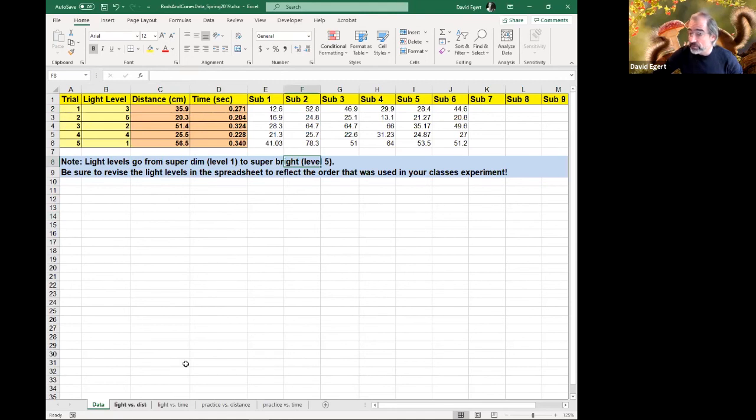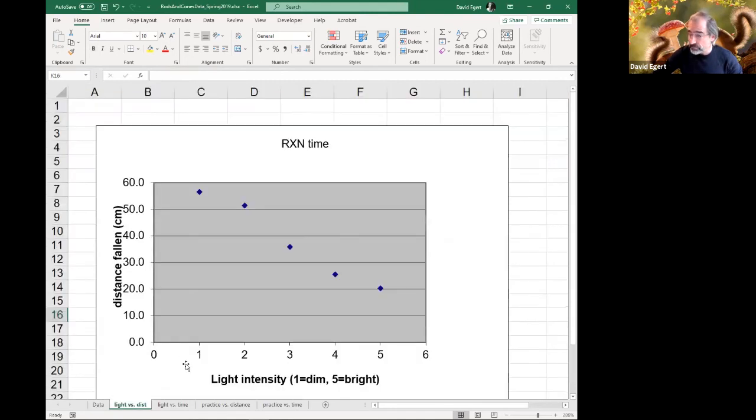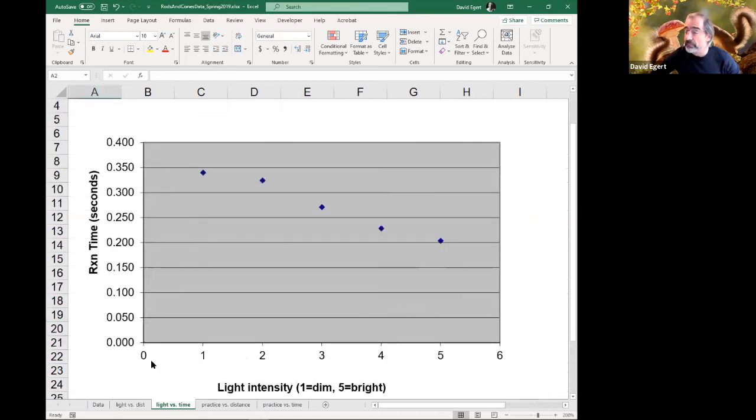And here, if we look at light intensity from 1, the dimmest, to 5, the brightest, the distance it's fallen is much shorter when it's brighter compared to when it's dimmer. If I do the calculation with time instead of distance, we get this.